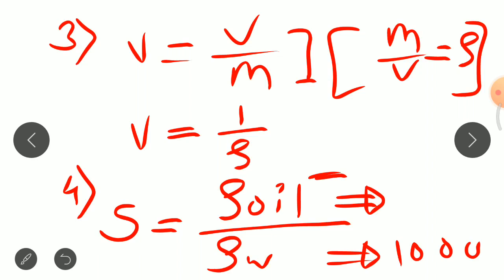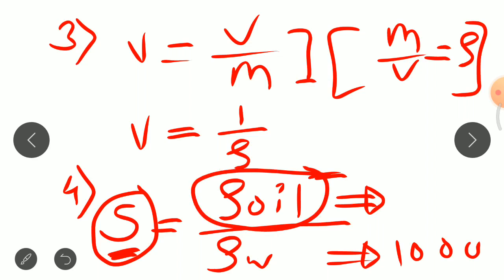By using this quantity we can simply calculate value of specific gravity, that is S, and if we have this quantity then we can easily calculate the density of any oil or fluid.